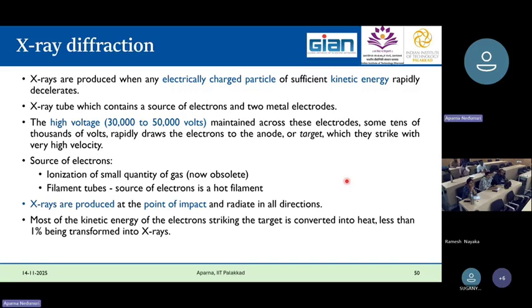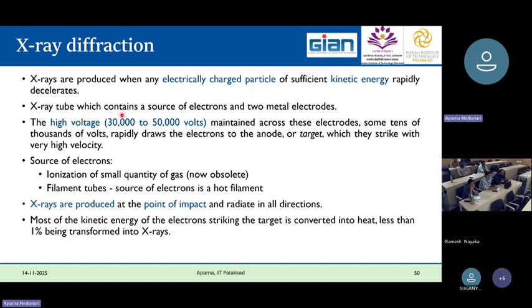Anyone can tell that? Okay. So if a particle moving with such a high kinetic energy rapidly decelerates and hits a target, then X-rays are emitted from the target. We'll see about that again.